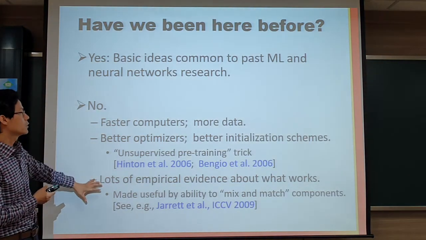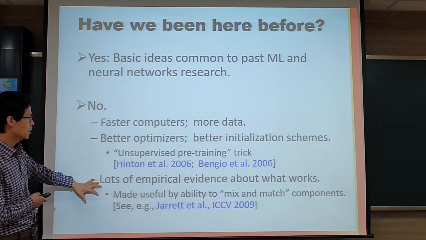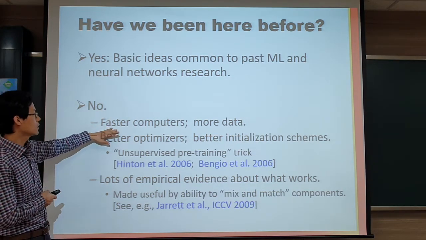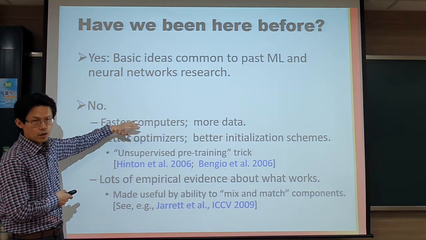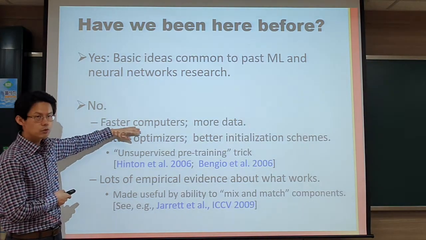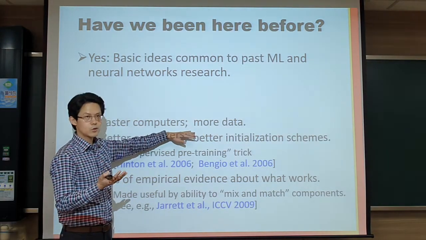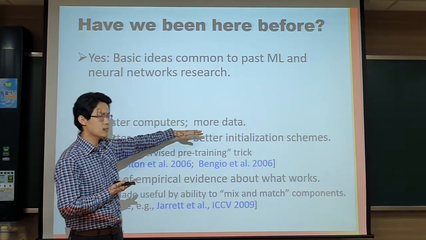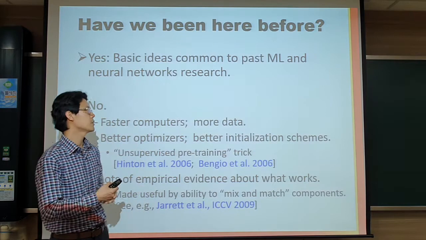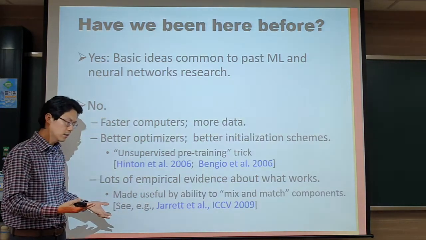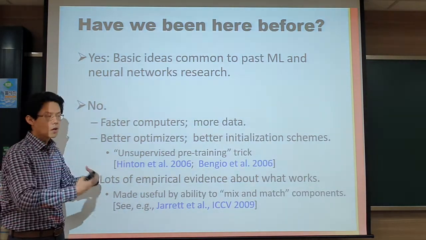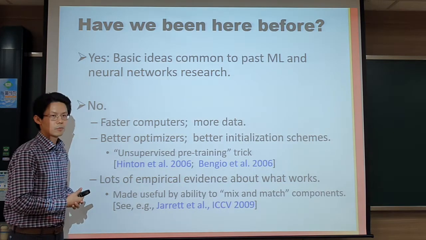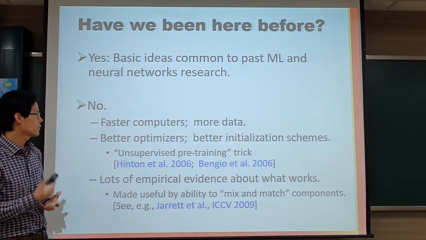There are some recent changes. One is that we are now getting very fast computers using recent GPUs. Also, as you can see, cell phones come with very good cameras, so we can capture a lot of data. There are a lot of sensors and sensor-equipped devices, so we can collect data much more easily than before.